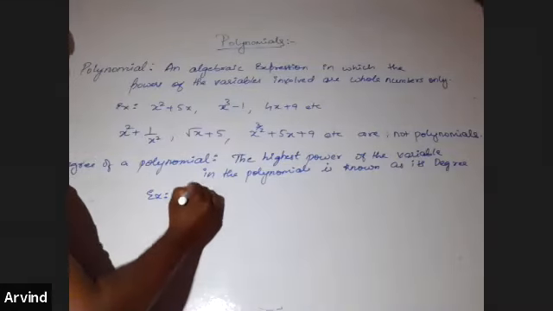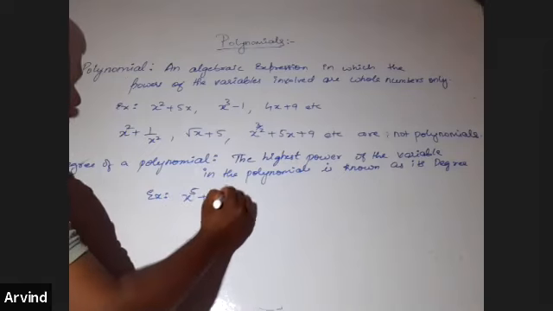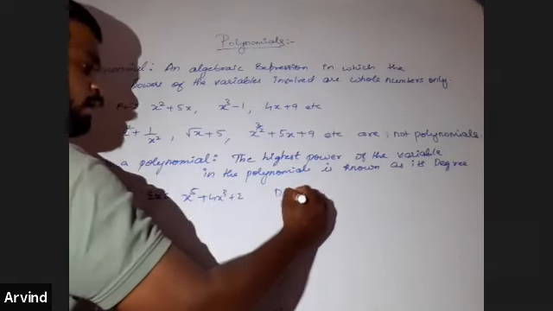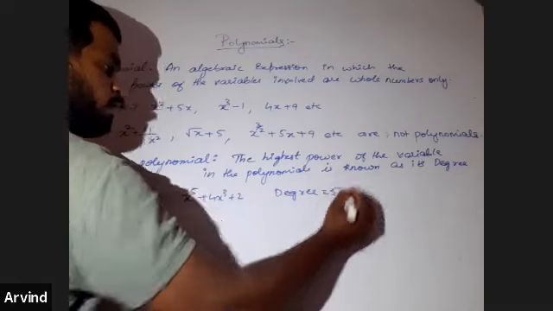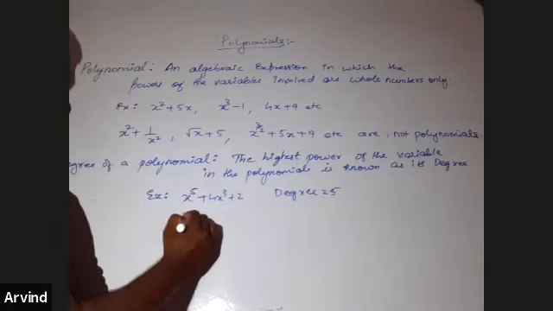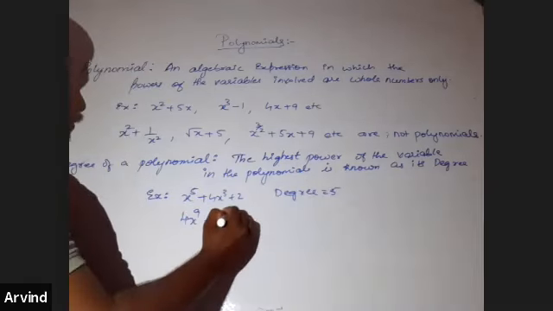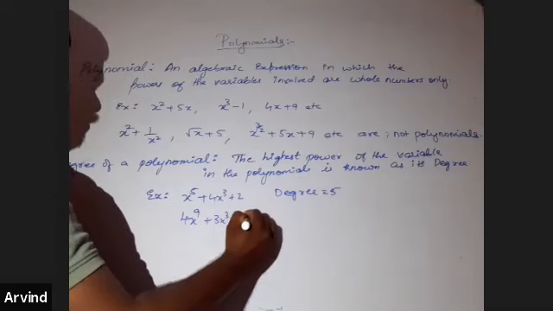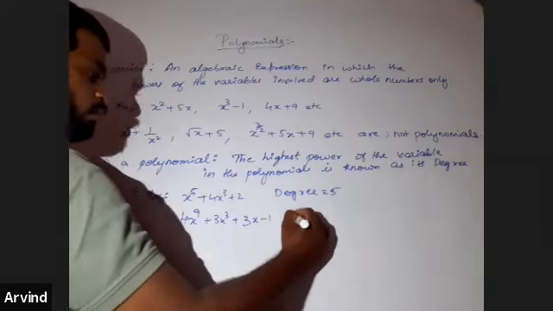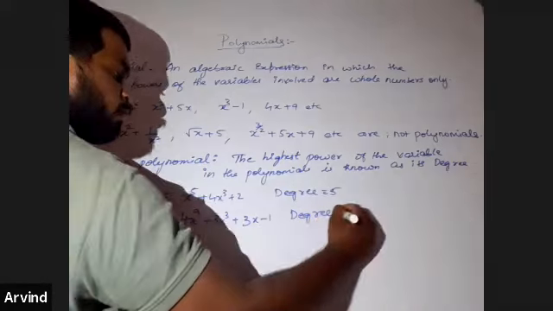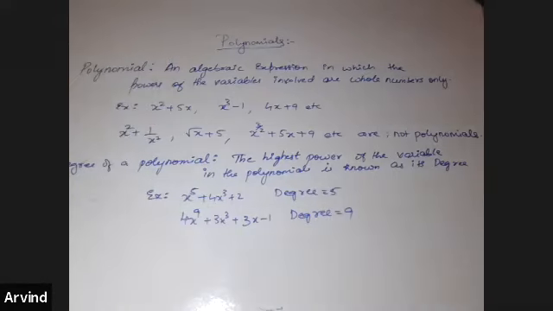Example, x power 5 plus 4x cube plus 2. Here degree is 5. 4x power 9 plus 3x cube plus 3x minus 1. So here the degree is 9. I'm just giving all this for your reference, okay?